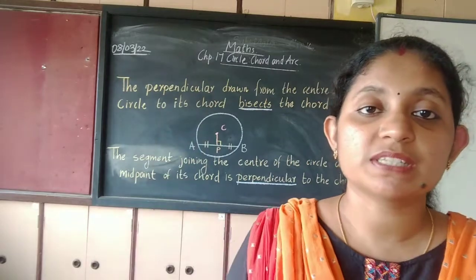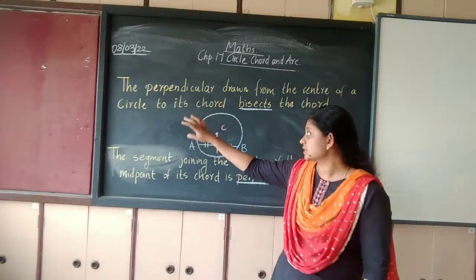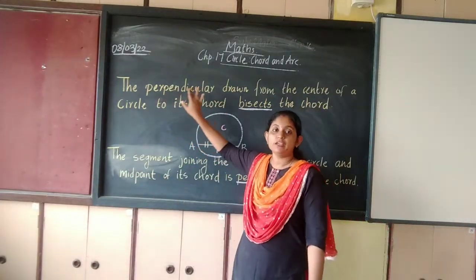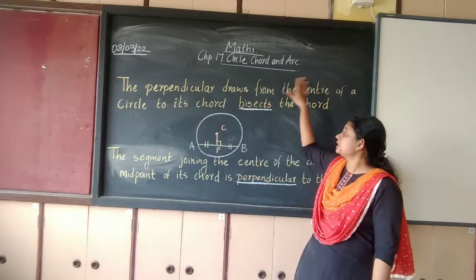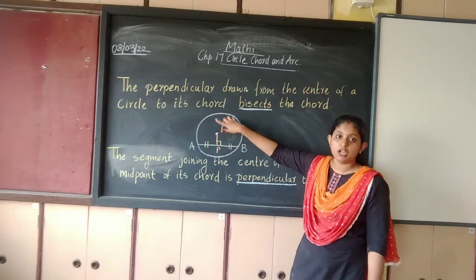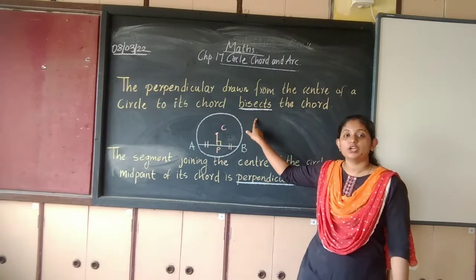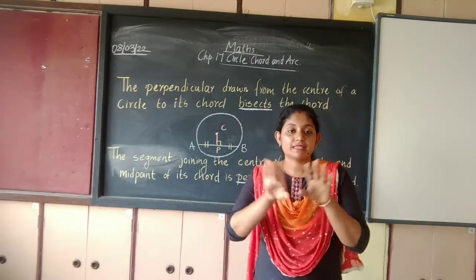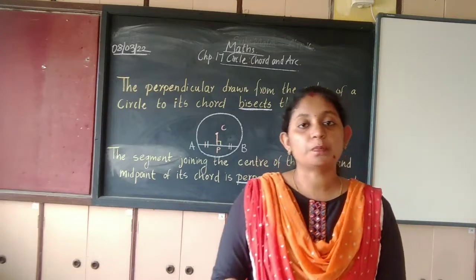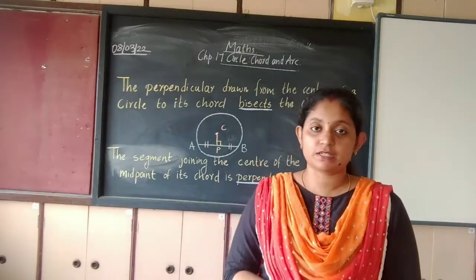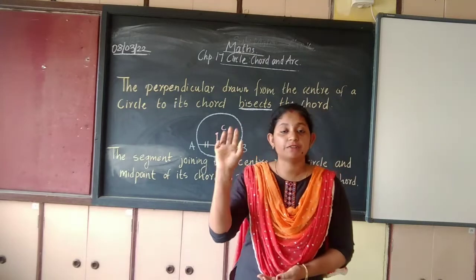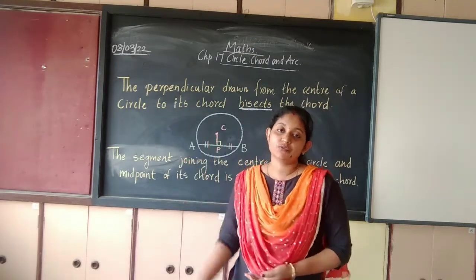First one, what you can see over here on the board, what is written here? The perpendicular drawn from the center of a circle to its chord bisects the chord. In mathematics, what do you mean by bisecting? Bisecting means dividing it into two equal parts. Even a small difference will not be there in case of bisecting.